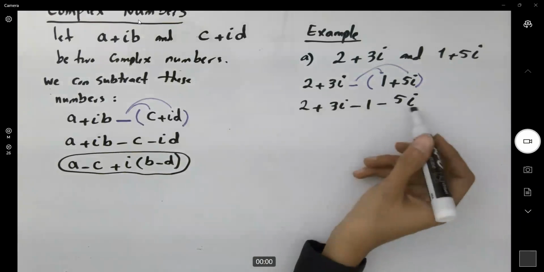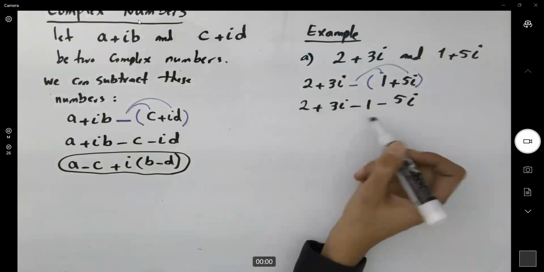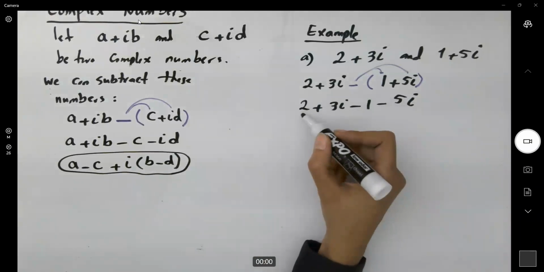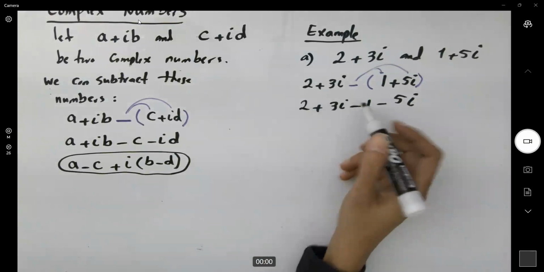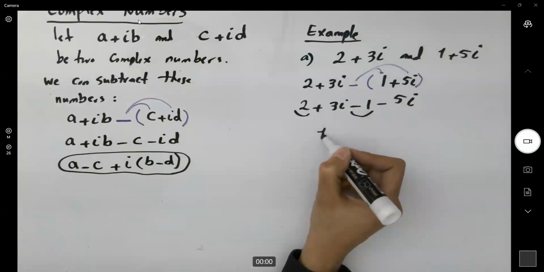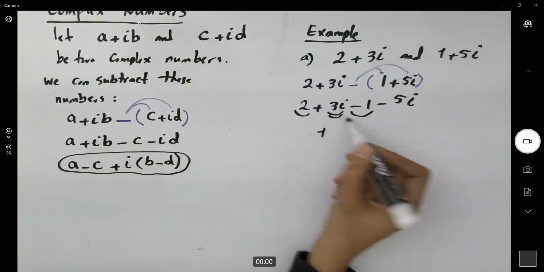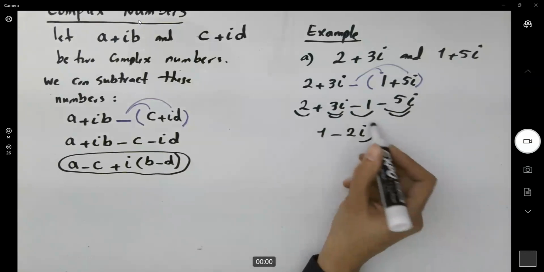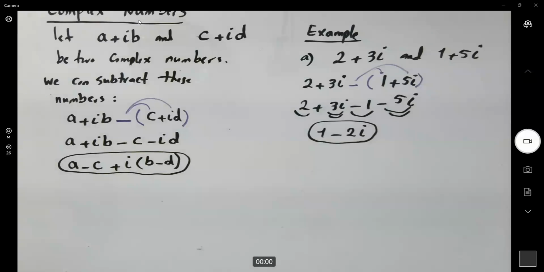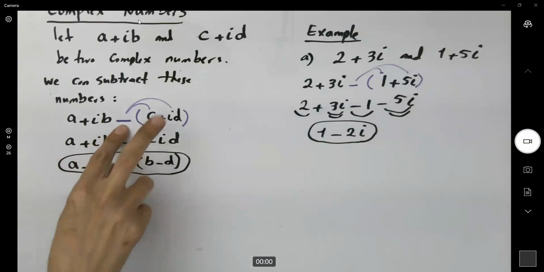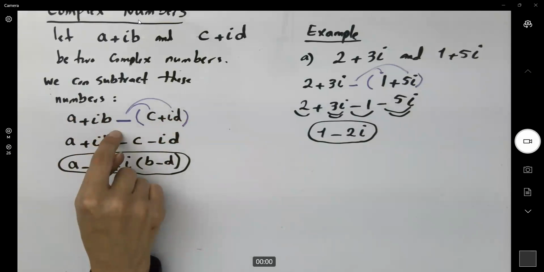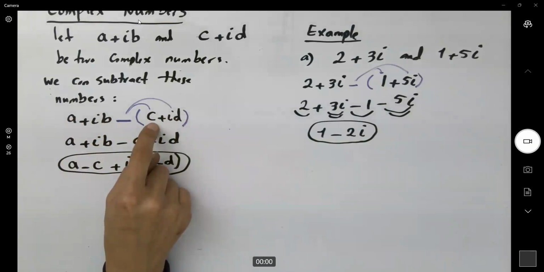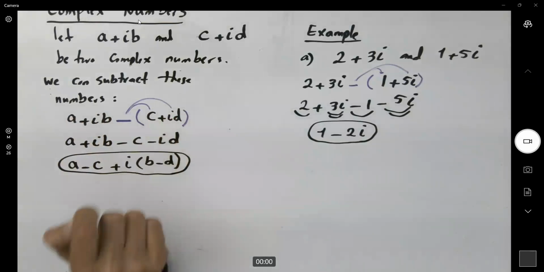Now we start adding the real parts, adding the complex part. 2 plus minus 1, or 2 minus 1, is just 1. 3i minus 5i is negative 2i. Subtraction, quickly use parentheses, because this subtraction affects the second number, both the real part and the complex part.